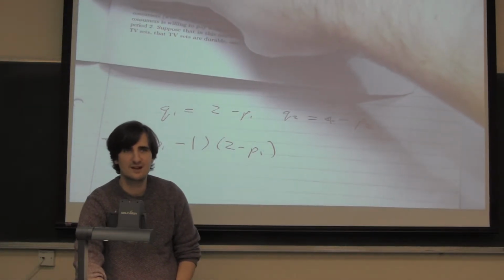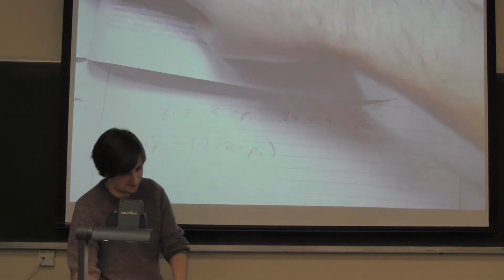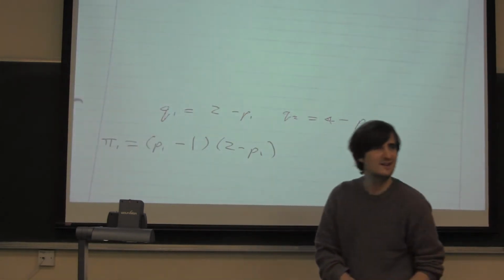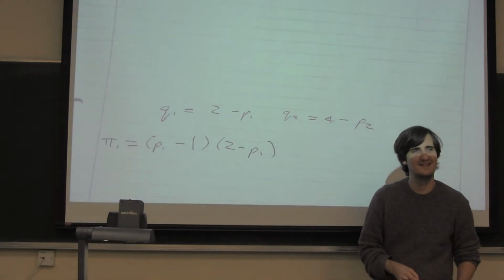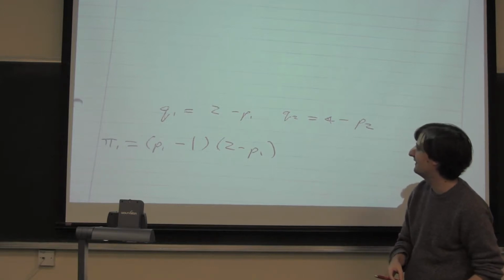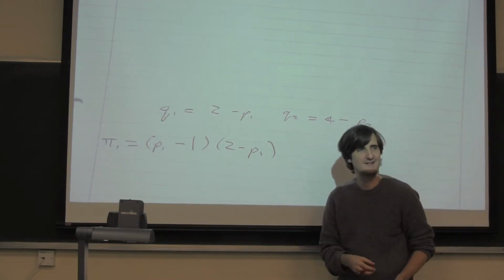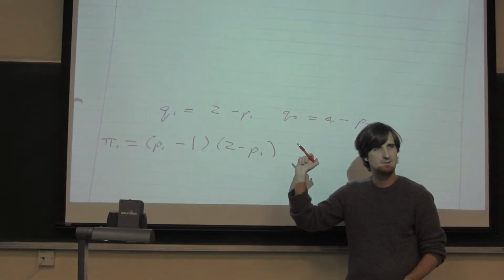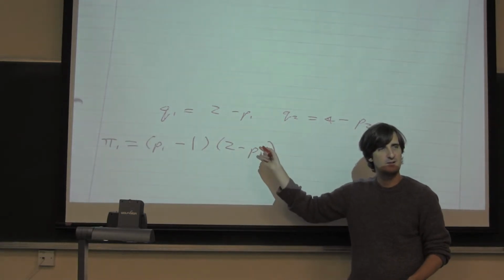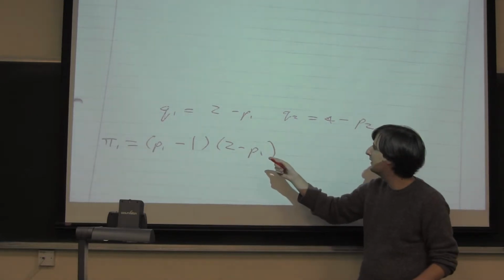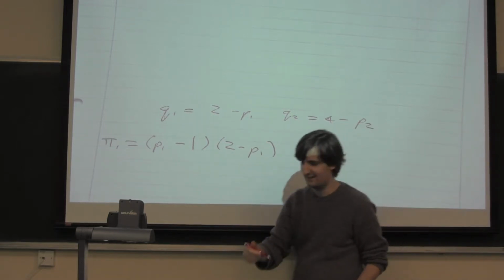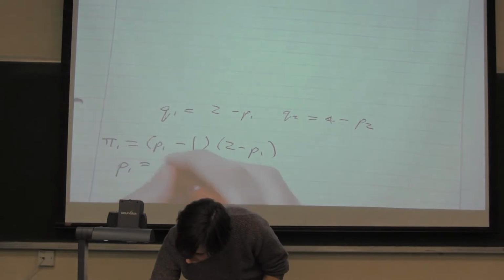You should be a wizard at doing these without calculus. What are the zeros of this function, when profit is 0? It's 1 and 2. So the optimum is halfway, 1.5, so P1 is 3 over 2.